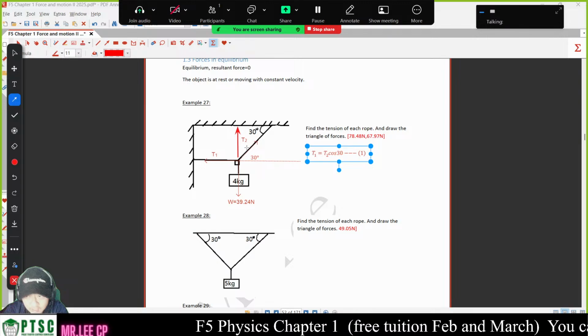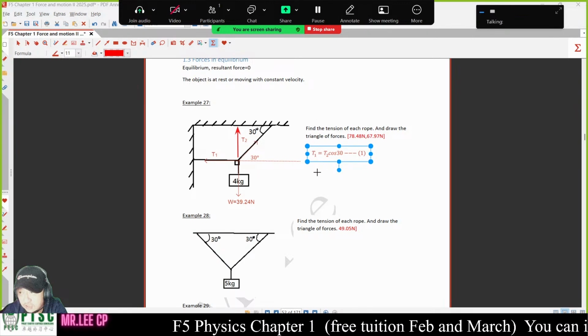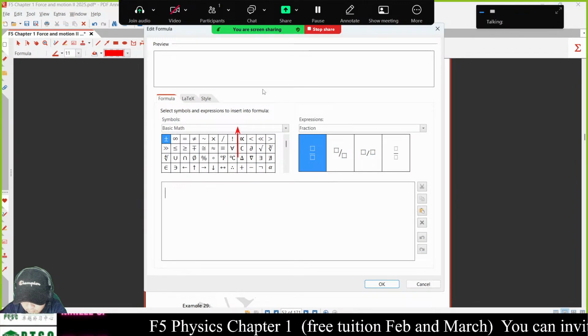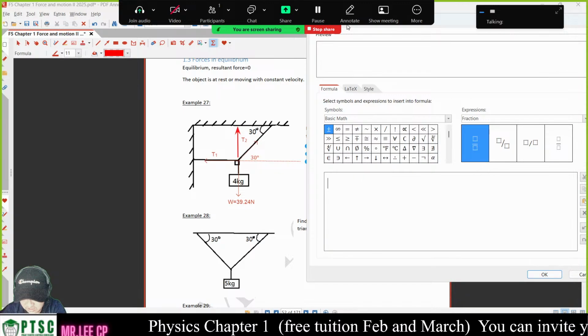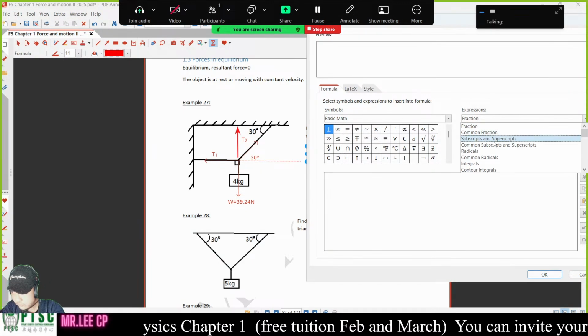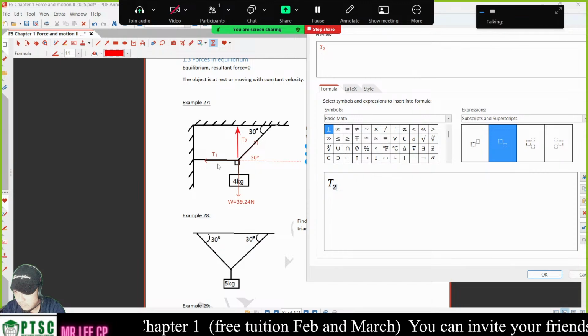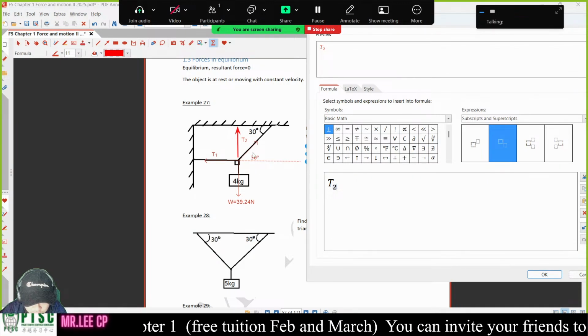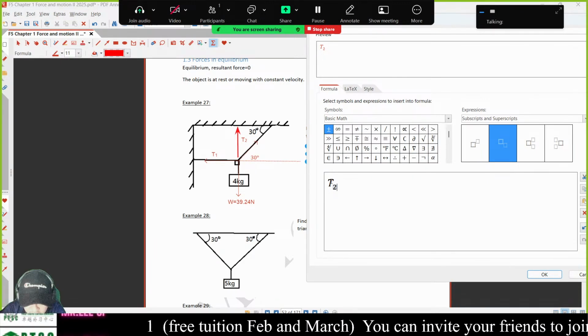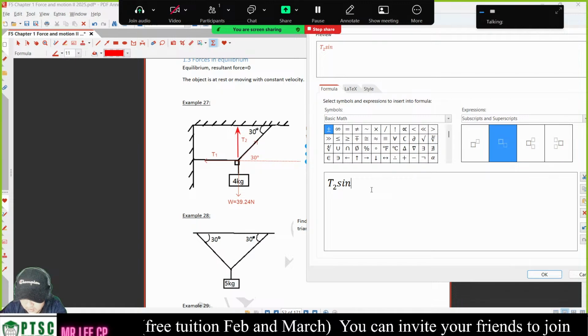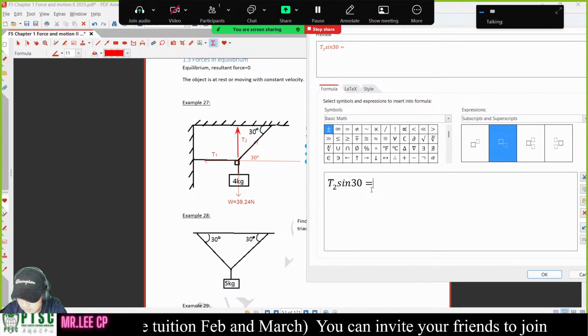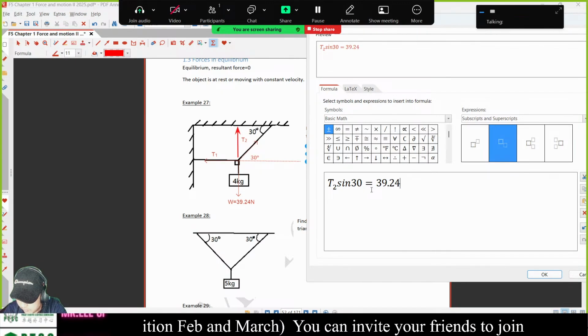Touching 30 or not touching 30? T2 brought to here is not touching 30, so I use sine. T2 sine 30 is equal to my weight, 39.24.